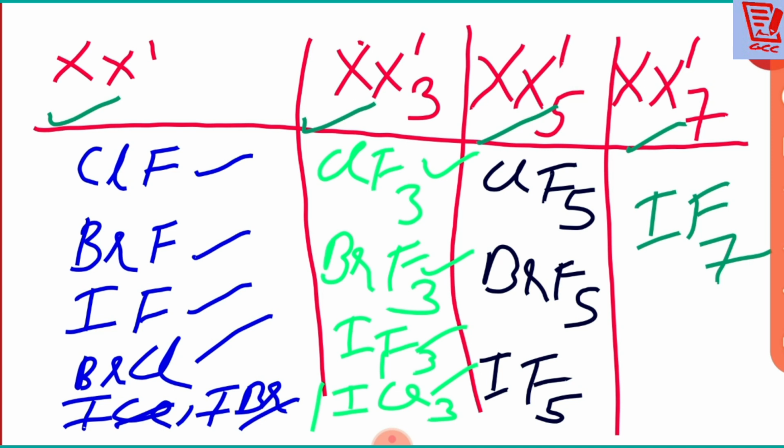But after that, what to do? After that we are going to do their structures, their preparations and their geometries one by one. Before doing that, students, one question generally asked is: this is an XX' molecule, meaning interhalogen, and this is an XX halogen molecule. They ask which of these two is more reactive.